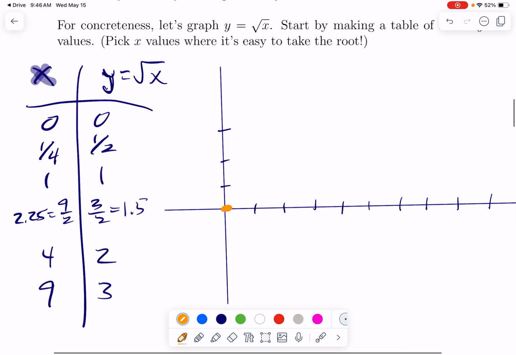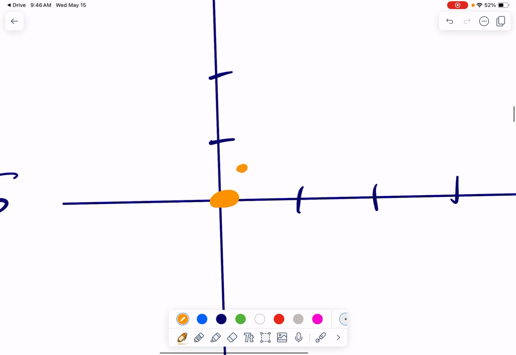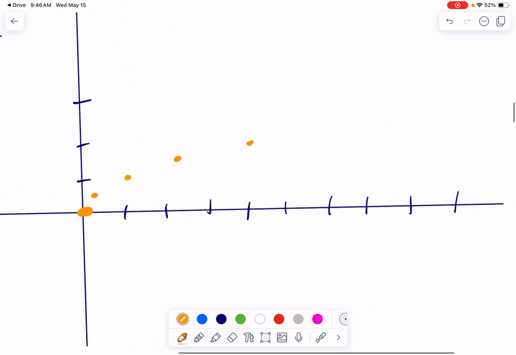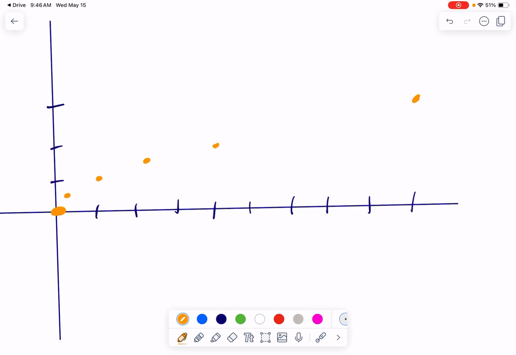I have a point where x is 1/4 and y is 1/2. I have a point at 1, 1. I have a point where x is 2 1/4 and y is 1.5. I have a point at 4, 2, and I have a point at 9, 3.